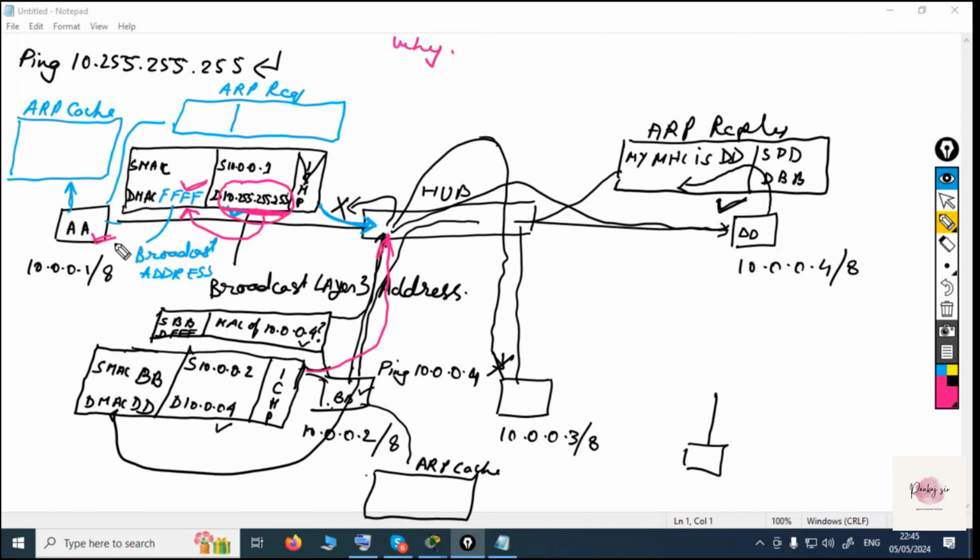Getting my point or not? As the layer 2 MAC address, and it just delivered the data to the hub.